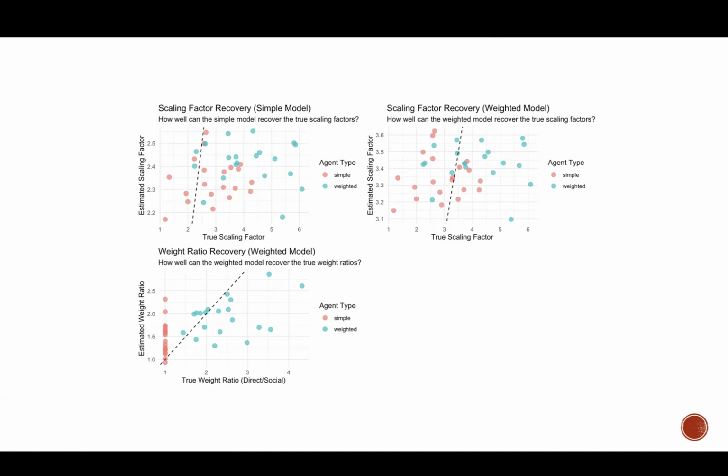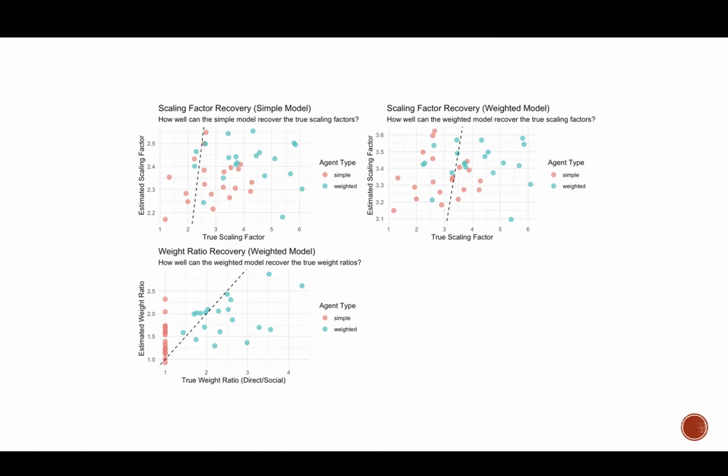If we look at the weight ratio recovery, how well can the weighted model recover the true weight ratio? We have that for all the simple agents it is 1, and for the weighted agents it's spread out. What we can see is that there is kind of a diagonal disposition of the weighted agents, but the estimates for the weight ratio of the simple agents are completely off.